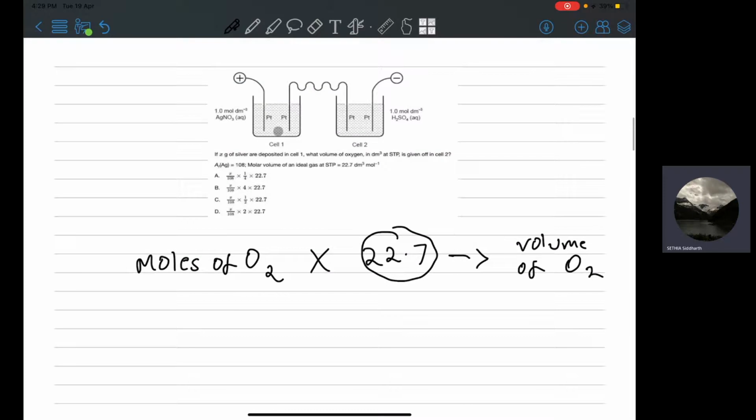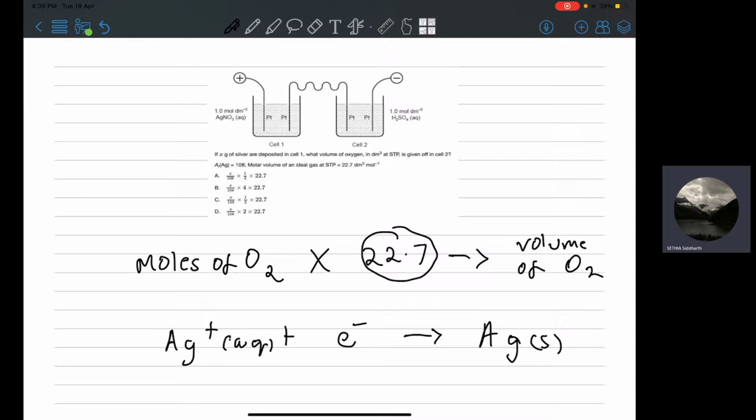Because if you look at cell 1, your solution is silver nitrate, right? In order for silver to be deposited in cell 1, the equation is going to look something like this, where Ag+ combines with an electron to give you some silver, right? And this is going to be solid.